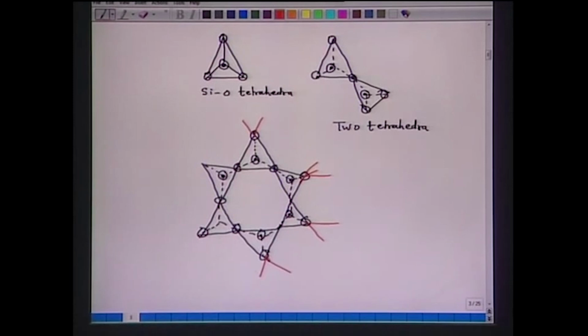Further it will be joined by another vertex. So, this is how a silica structure looks in a 3 dimensional network.